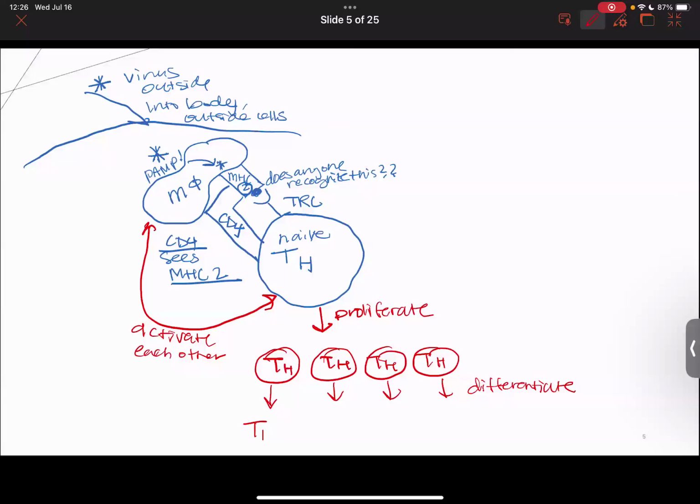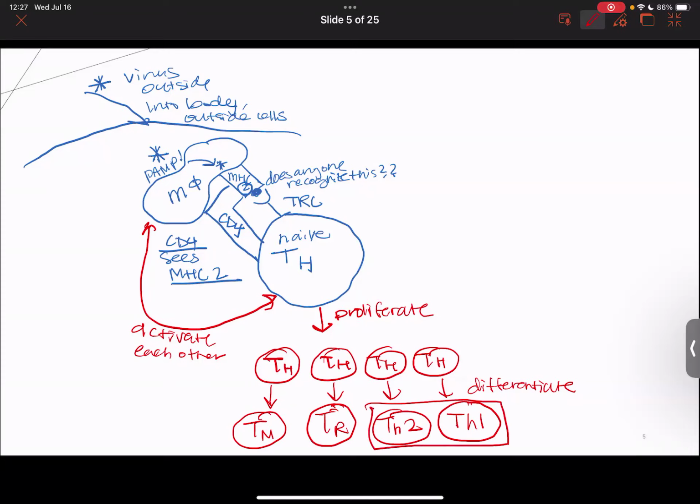So this will become a T memory cell. This will become a T regulator cell. And this will become TH2. And this will become, I'm writing in this order, so I'll have room on the other side in a second, TH1. TH1 and TH2, these guys here are what we call the effector cells. These are the ones that are actually going to do the job part.